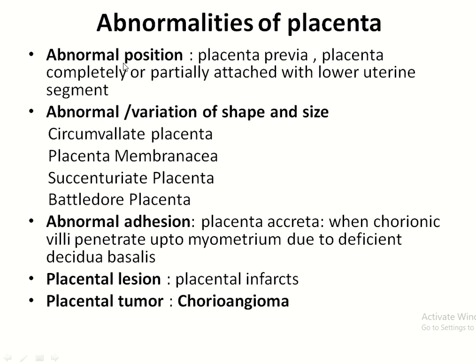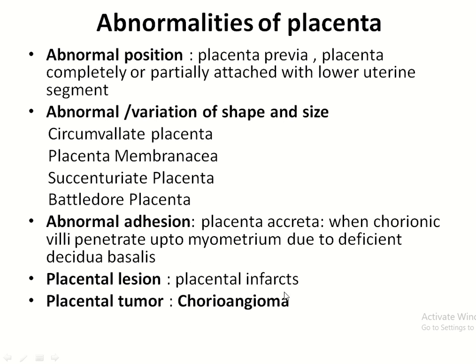Abnormalities of the placenta: abnormal position, placenta previa, where the placenta is completely or partially attached to the lower uterine segment. Abnormal variation of the shape and size: circumvallate placenta, placenta membranacea, succenturiate placenta, battledore placenta. Abnormal adhesion: placenta accreta, when chorionic villi penetrate into the myometrium due to deficient decidua basalis.